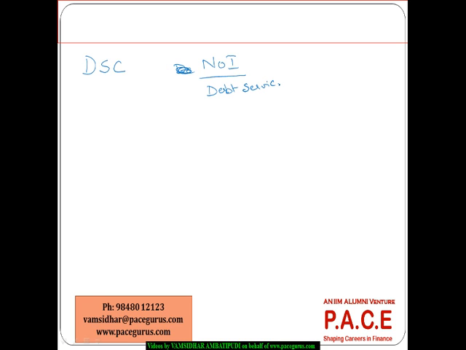How much income this property is able to generate, because this is a commercial property. It is typically based on income generation. So we are trying to assess how much income this commercial property is able to generate, which we are calling net operating income, as a percentage of the total debt amount that needs to be paid.